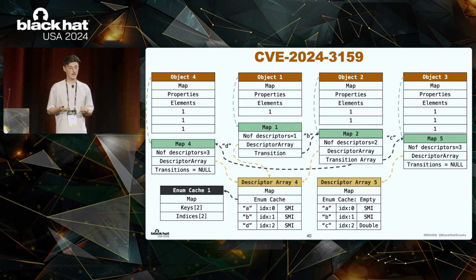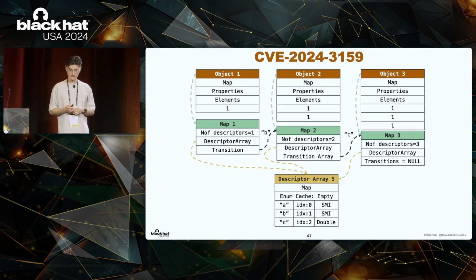Now, by the transition tree, because map 2 was linked to map 3 and map 1 is linked to map 2, those two maps will also be updated and will point back to the new descriptor array, the one for object 3. You might recognize the same layout as the vulnerability found by Sergei Glazunov.